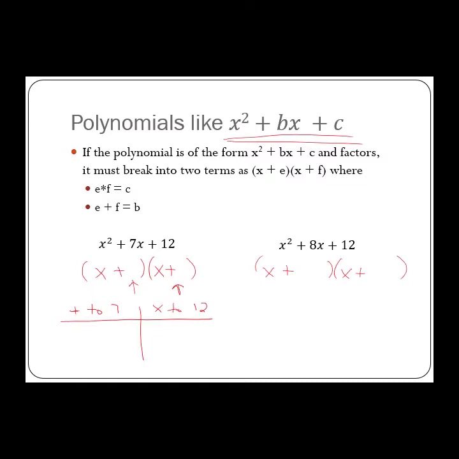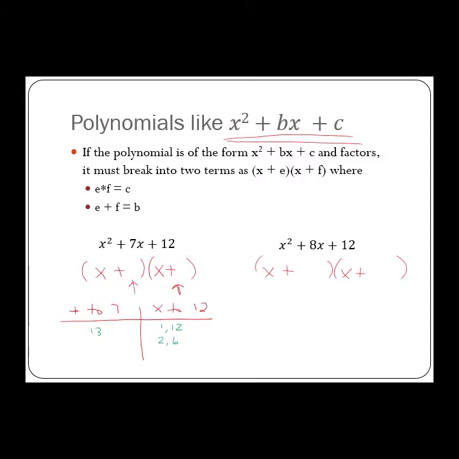So I'm going to write over here underneath, multiply to 12, all the different factors of 12. So 12 can be 1 times 12, but when I add 1 and 12, I get 13. So they didn't add to 7, so that's not right. 12 is also 2 times 6.